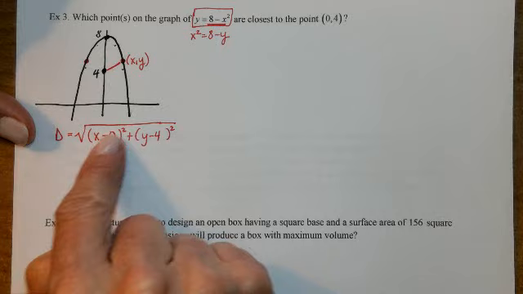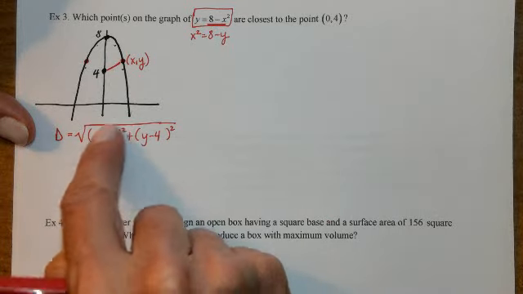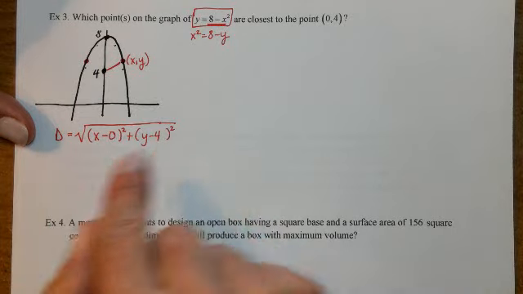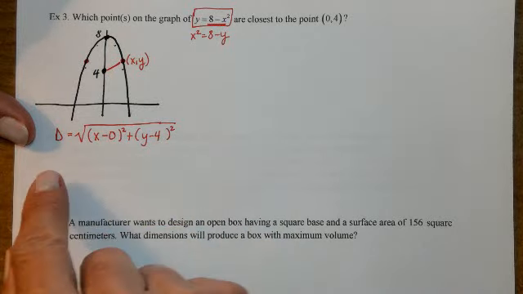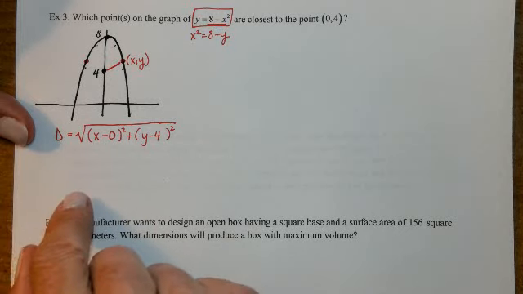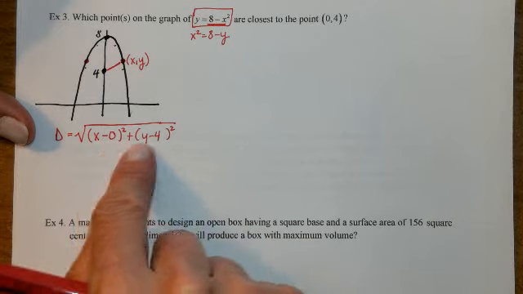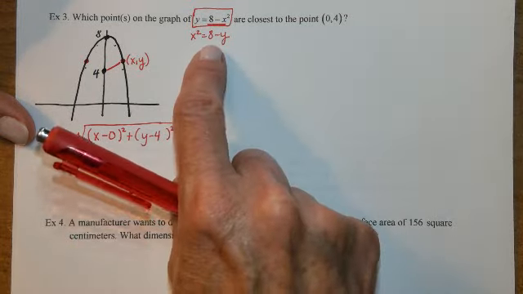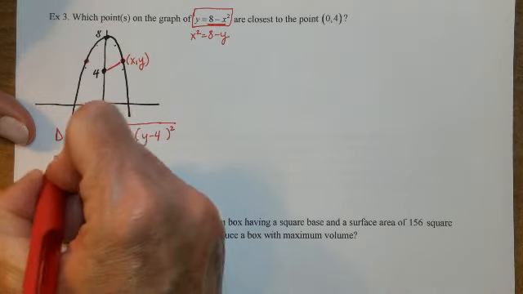Do you see the x squared there? Well, we could put 8 minus y in place of x squared. Either one will work. In one case, you'll be finding the y, and in the other case, you'll be finding the x, but either way will work, okay? Since it's going to give me a lower degree term in here, I'm going to substitute the 8 minus y in for the x squared. But both of those ways will work.